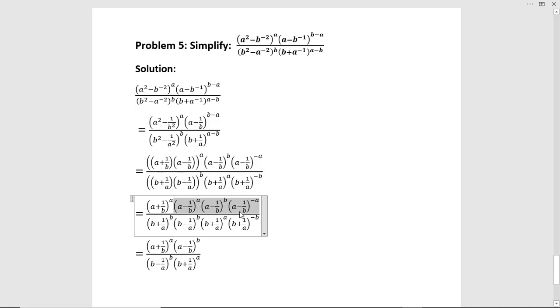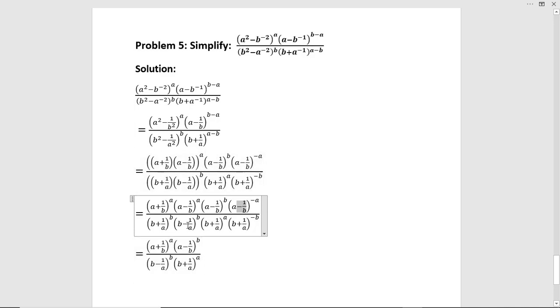Here also we have a minus 1 by b, but the powers are a and minus a. So powers are added, a and minus a are added. When they are added, they become 0. So something to the power 0 equals 1. So a minus 1 by b whole to the power 0 will become 1. Therefore they are cancelled.